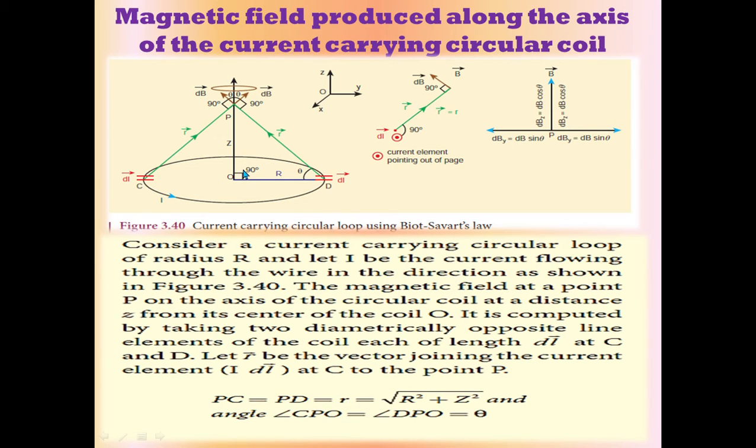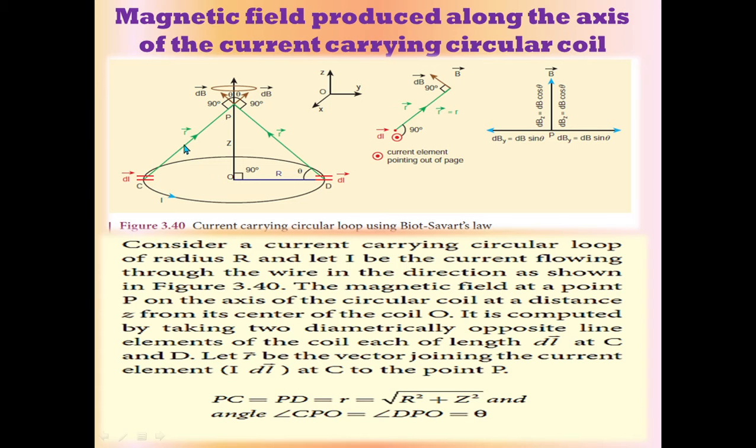PC is equal to PD is equal to r. Both are the same distance. r is nothing but root of R square plus Z square, because according to the Pythagoras principle, the hypotenuse is equal to the square root of the sum of the squares of the adjacent side and opposite side.